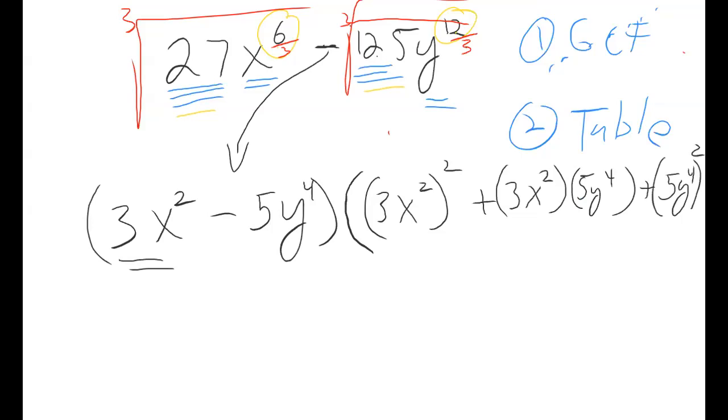Now I need to simplify this still, but that's what the formula says to do. Square the first, multiply the 2 together, square the last, change sign.